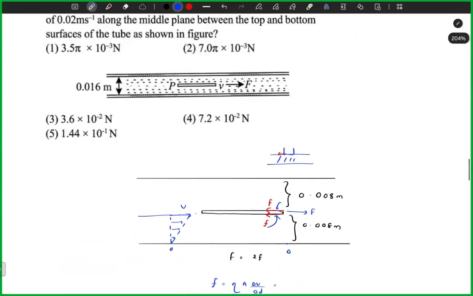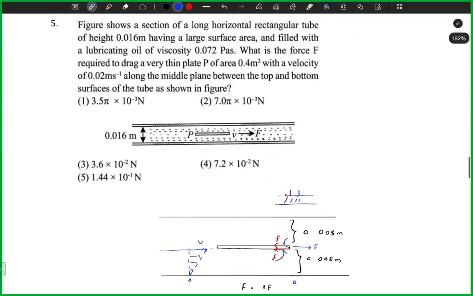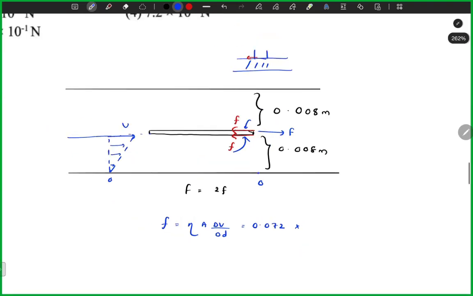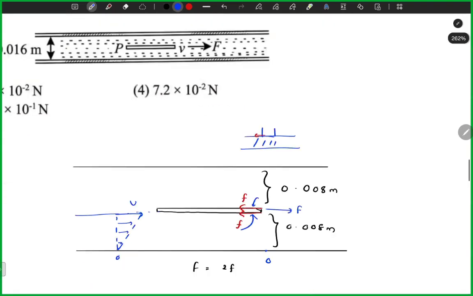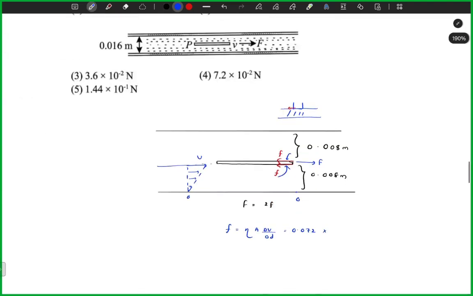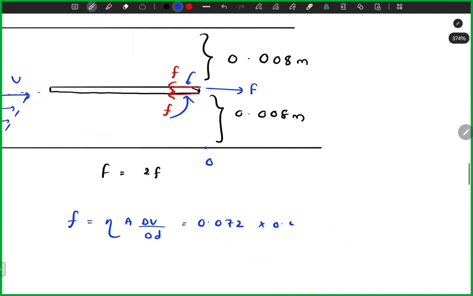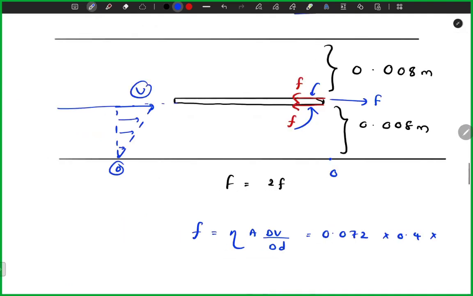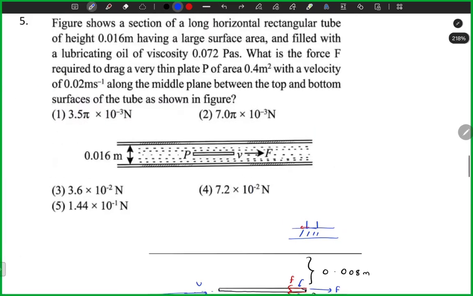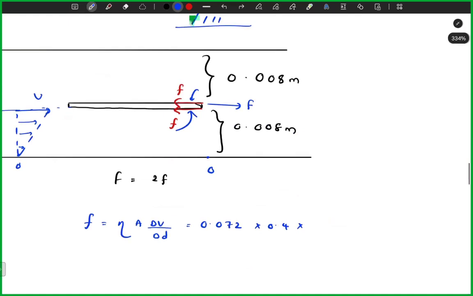How much is that? 0.072, right? Yes, sir. Okay. 0.072. And then what's A? 0.4. Okay. Thank you. So 0.4 times the velocity difference from V to 0, so V minus 0. 0.02. So 0.02 minus 0 is 0.02.